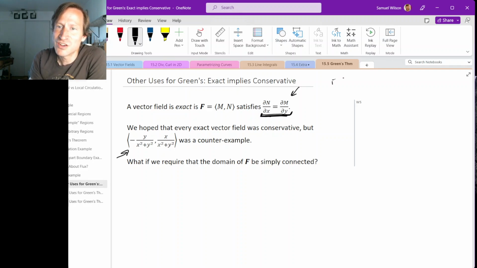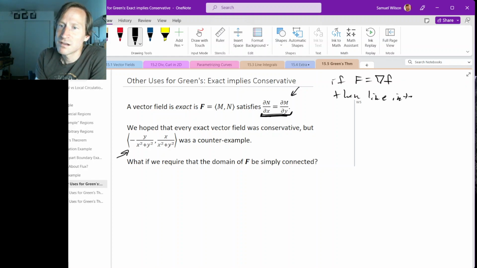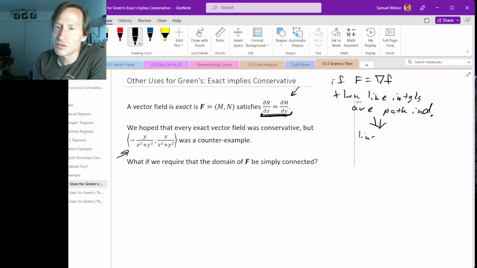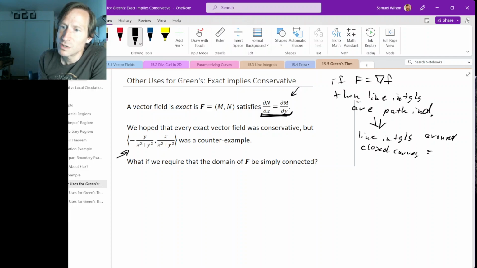We showed that if a vector field is conservative, so if it is the gradient of something, then line integrals are path independent, and a result of this was that line integrals for this vector field around closed loops, closed curves, always equal 0.